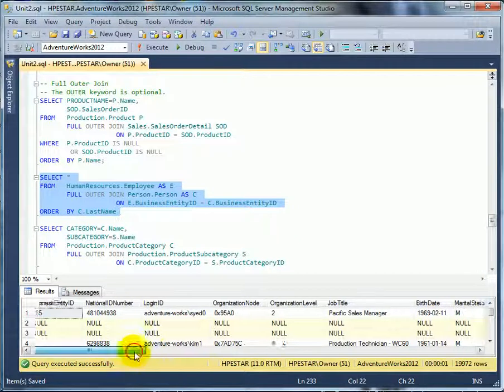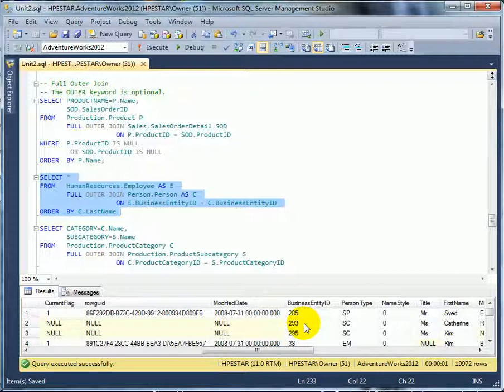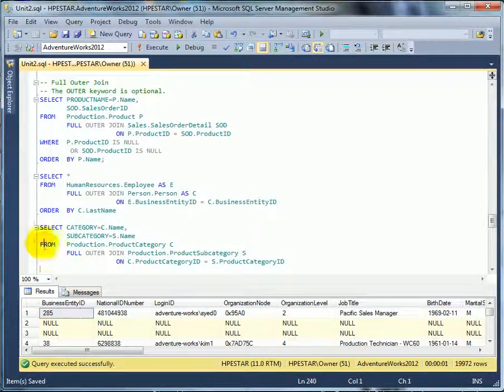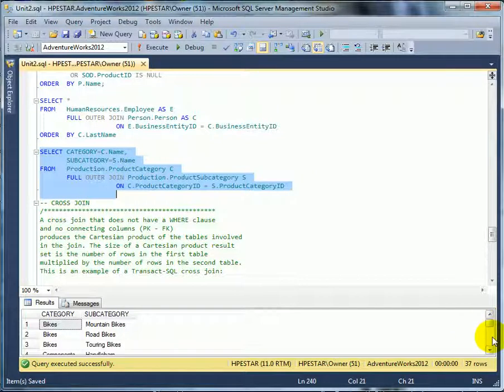So for example, if we slide across, we can see that business entity ID 293 has no correspondence in the employee table. Let's execute the following query. In this case, we have a good match, so we don't see nulls in the left or the right column.